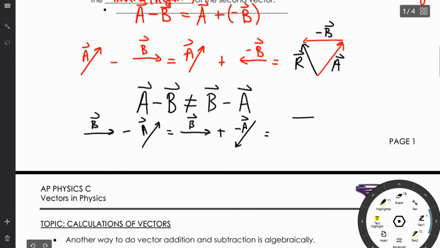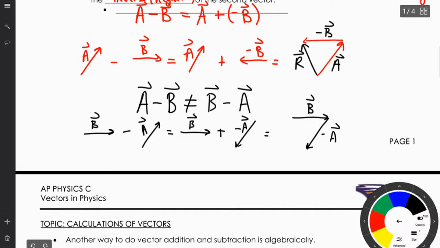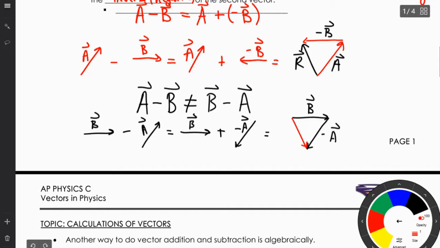So I'm going to take the tip of B, place it to the tail of A, in this case, negative A. And so now here is my resultant. Oh, not negative R, it's just R, because that's our answer. So you can see that these two are not equal. In fact, they're inverses of each other. So vector A minus vector B does not equal vector B minus vector A.